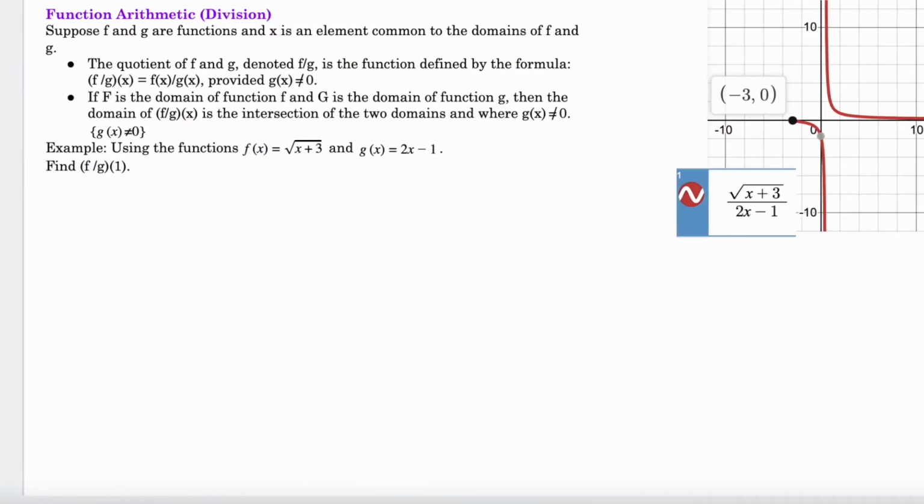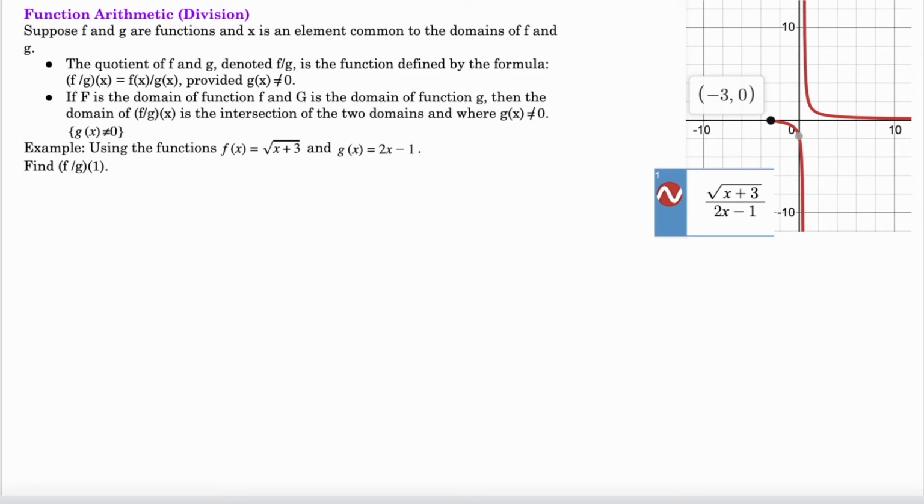Now as we work towards the division, we have a couple things we need to be aware of. We can certainly take the division of our functions as long as the denominator does not equal 0. We know that if a denominator function is equal to 0 when we divide by 0, it does not exist. It's not possible to do so. And we also have the intersection of the two domains.